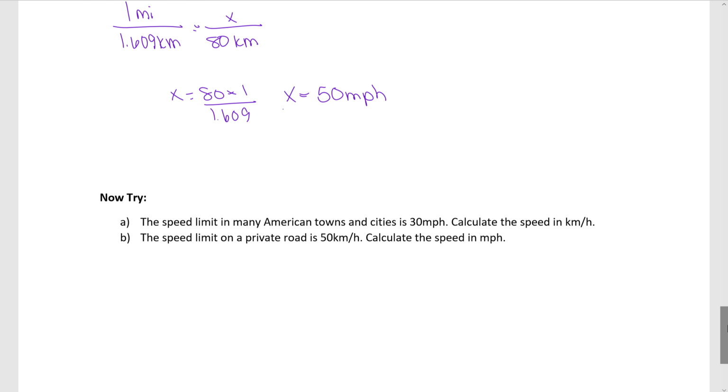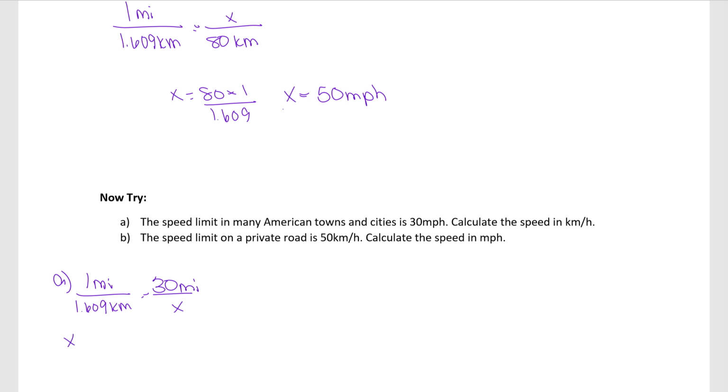Okay, so let's have a look. So the first one, we're converting 30 miles. We start with 1 mile and 1.609 kilometers. 30 miles goes on top.